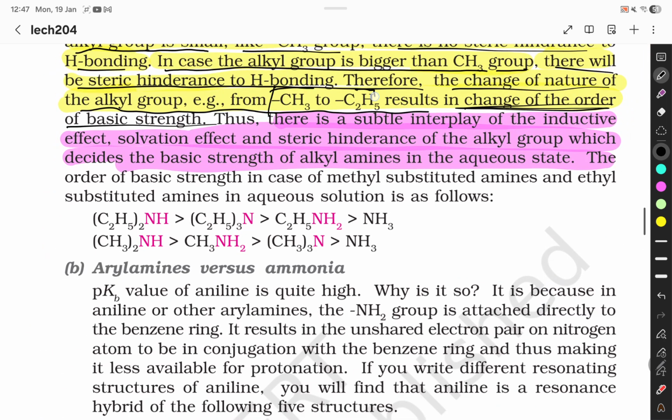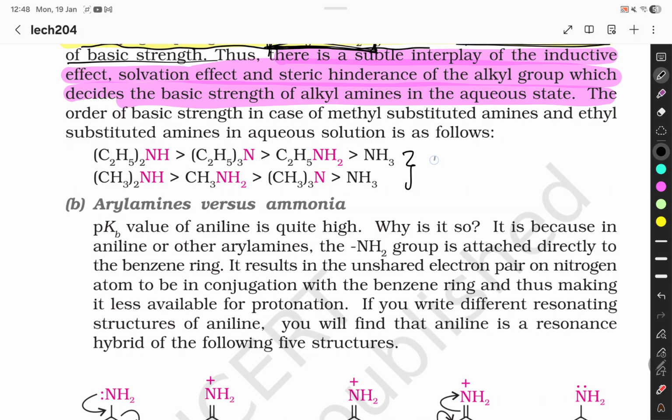And they're talking about the change from CH3 to C2H5. The order is different, and obviously the reason is kind of nonsense, but what to do. So for methyl it is 2 3 1, and for ethyl it is 2 3 1.